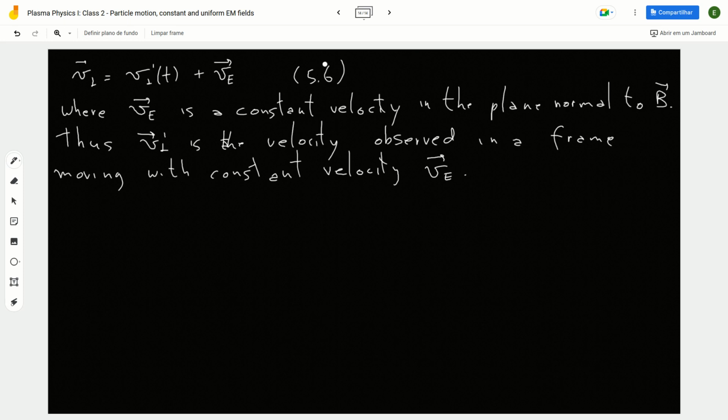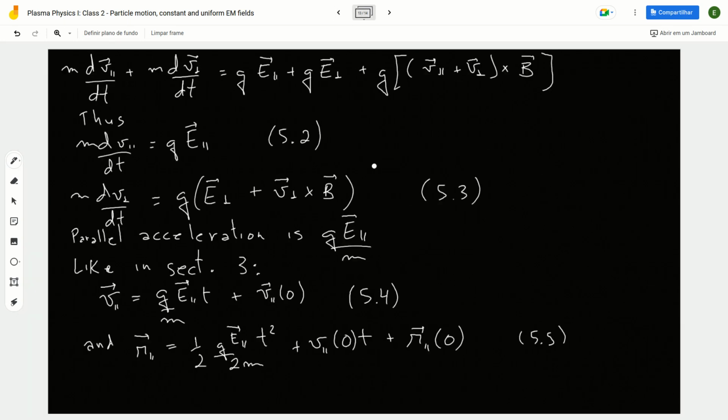Now let's substitute 5.6 into 5.3, this one.